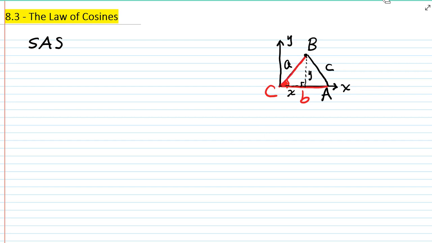from the geometry of what we're looking at, we can form sine of angle C as the ratio of opposite y to hypotenuse, which would be A. Correct?